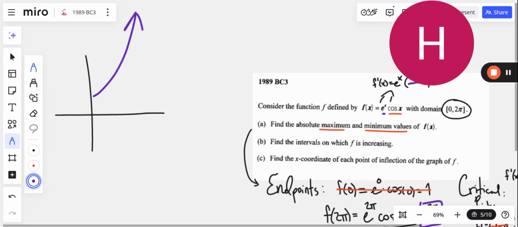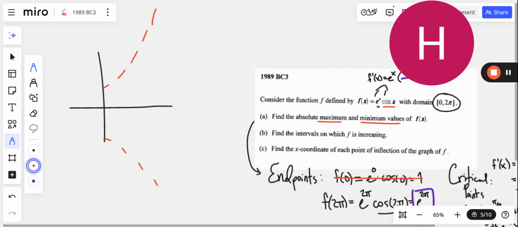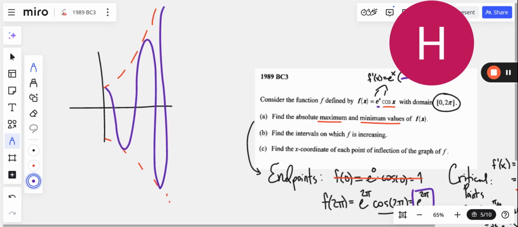Now what's going to happen is it's going to exhibit cosine behavior, so this is more like a boundary curve. And the negative one is also a boundary curve. The function is actually going to do something like this. So it's getting more extreme, I should say, as we go. But it is fluctuating from negative to positive, and that's because the cosine function fluctuates between negative and positive.